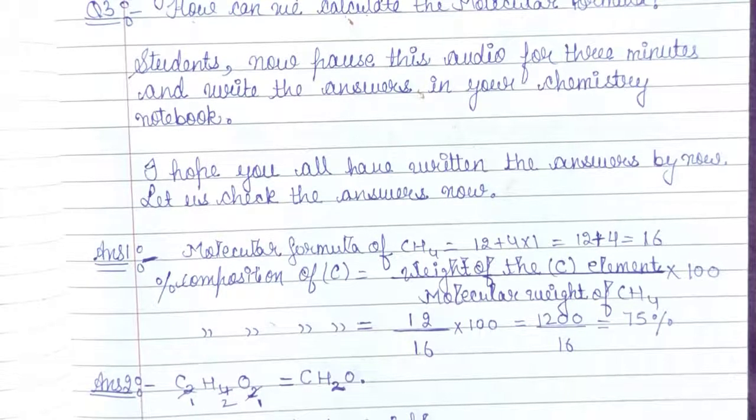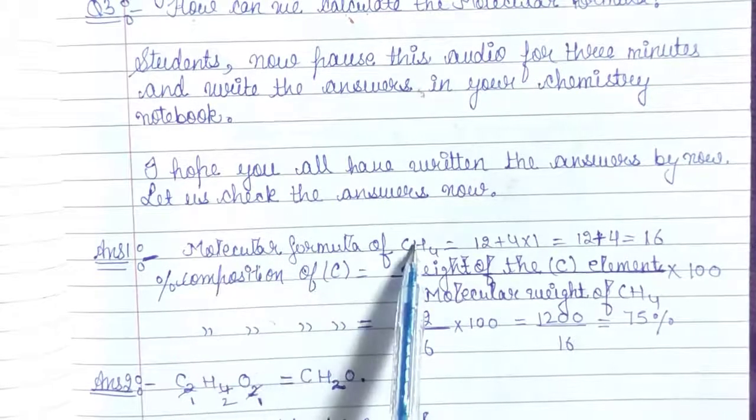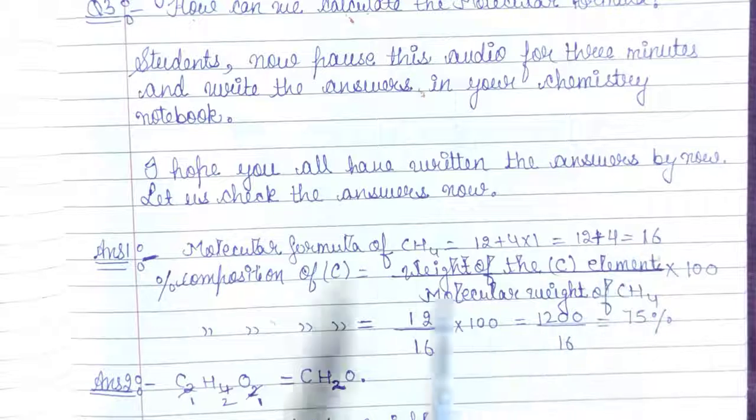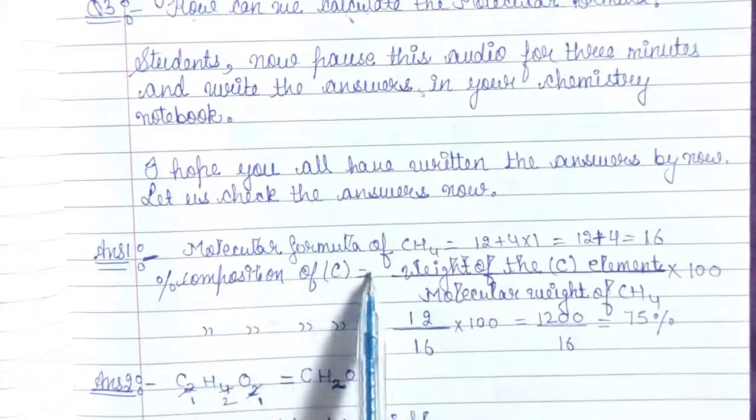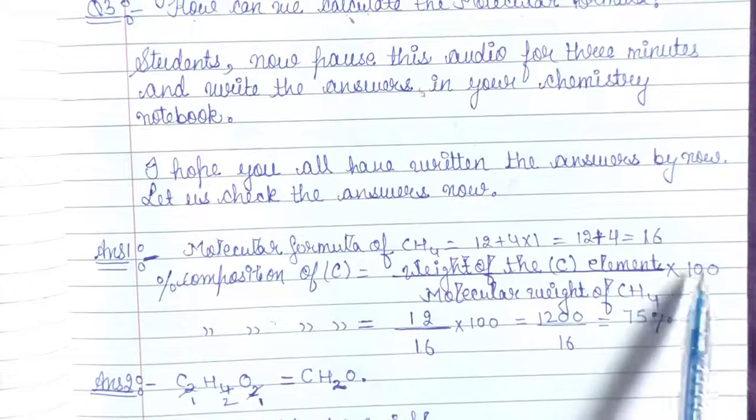I hope you all have written the answers by now. Let us check the answers. Answer number 1 is, firstly you will find the molecular weight of CH4, that is 16. Then percentage composition of carbon is equal to weight of the carbon element divided by molecular weight of CH4 into 100.